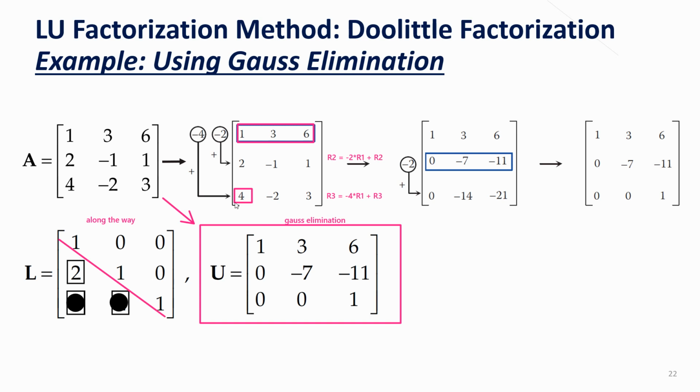Basically, to get rid of this one, now you get the partial U matrix before it becomes the final one. We still have one more step to go from this to this. But at the same time you are also updating this part in the L value. Remember, we create L along the way.